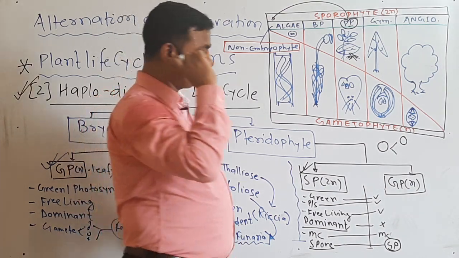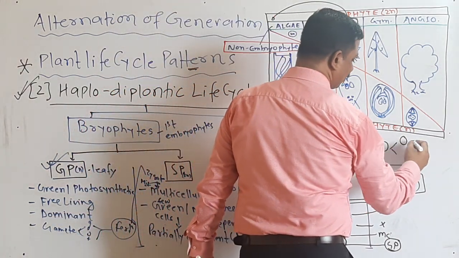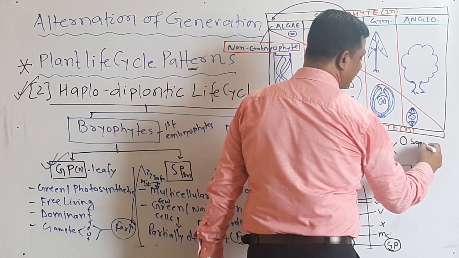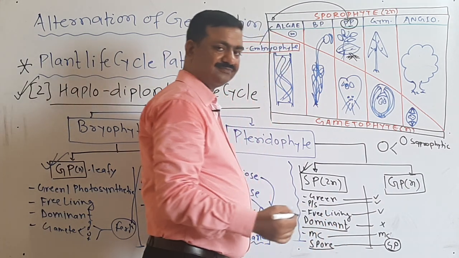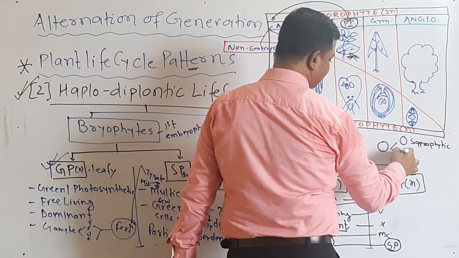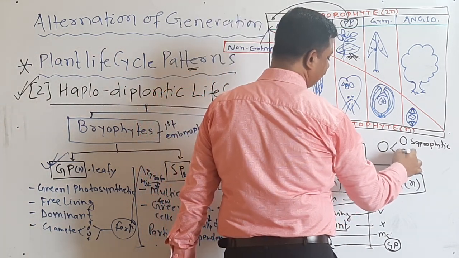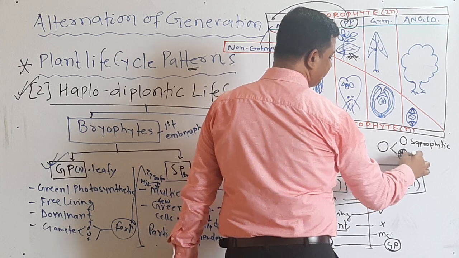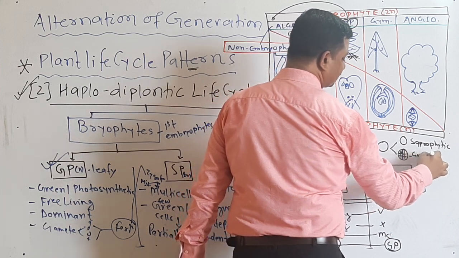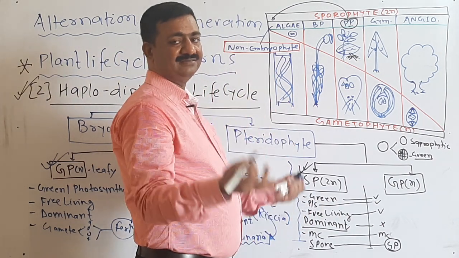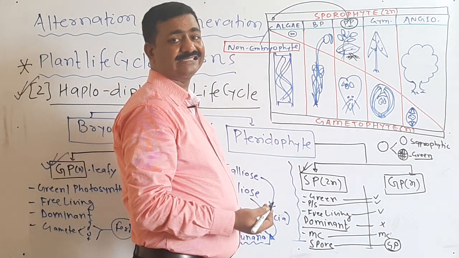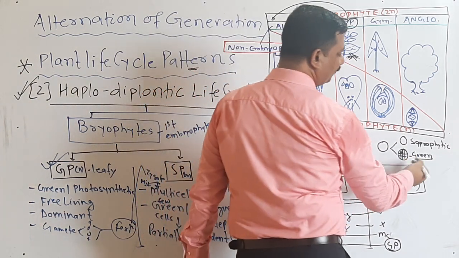So it is non-green. Since non-green, it behaves like a saprophytic structure. Later on, it will divide and become multicellular, and it gets its green cells back in abundance, so it becomes photosynthetic.